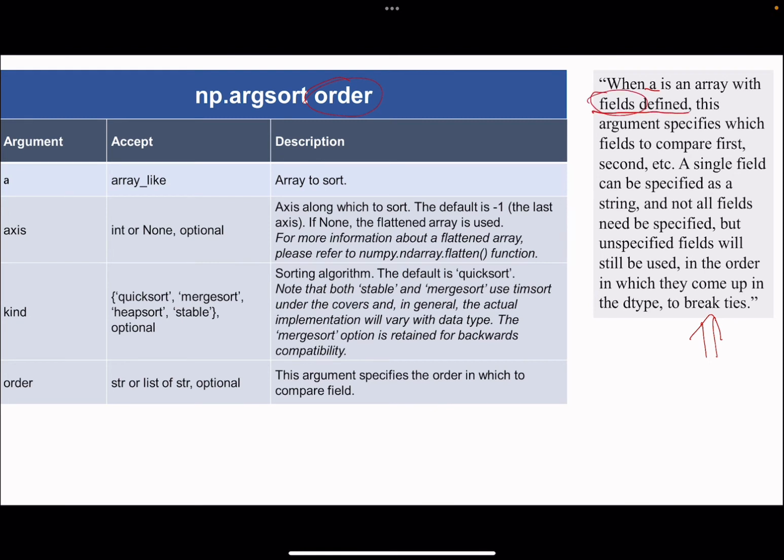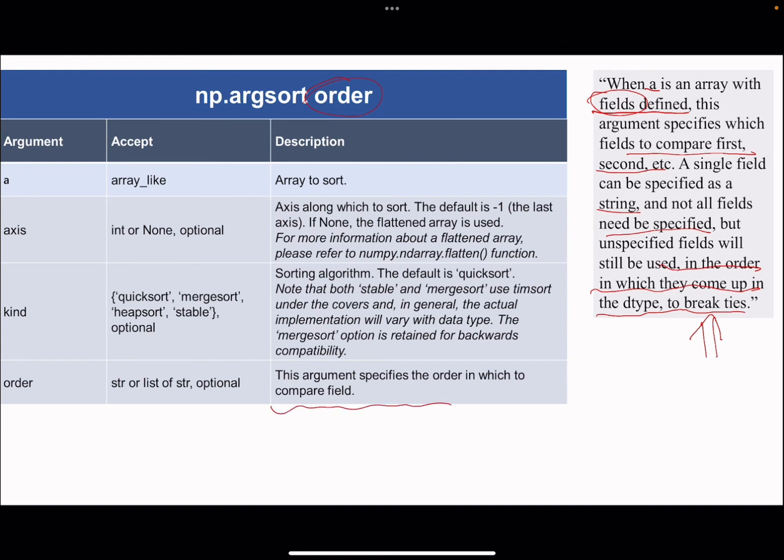Fields defined is a keyword, okay? And this argument specifies which fields to compare first, second, etc. A single field can be specified as a string, and not all fields need to be specified, but unspecified fields will still be used in the order in which they come up in the dtype to break ties. It seems like a lot at first, but I will break it down for you in the code example coming next.